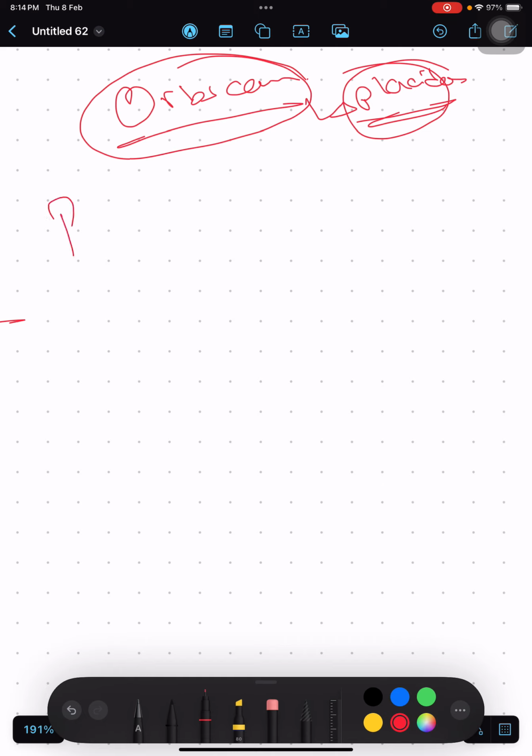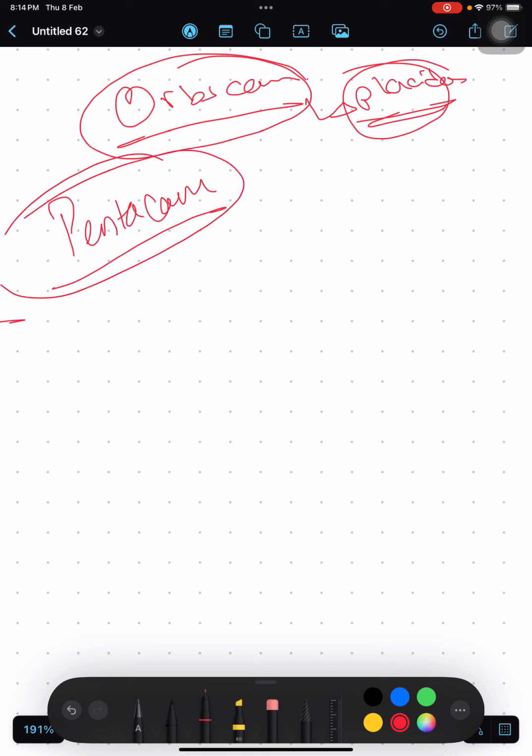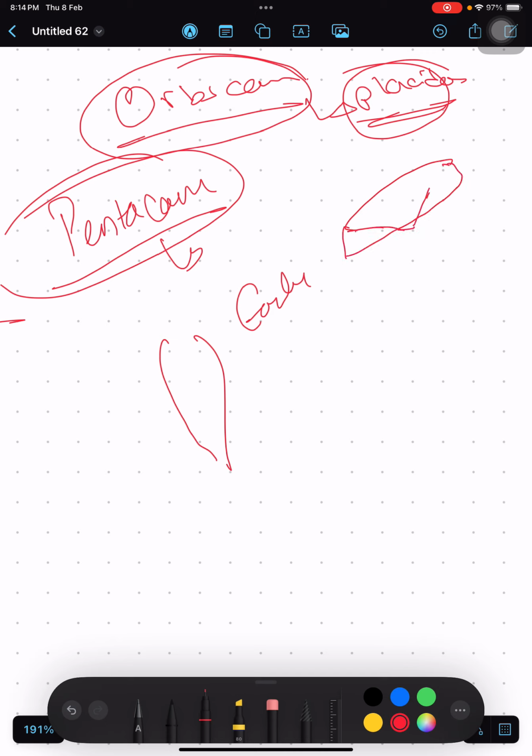Next is pentacam. Pentacam is also very important. It is an investigation modality of the cornea where we see both the anterior and the posterior surfaces of the cornea. And why is it important to see both? Because of the early changes of keratoconus. Keratoconus is a condition where the cornea is really thin and goes down like this, with a Munson sign.